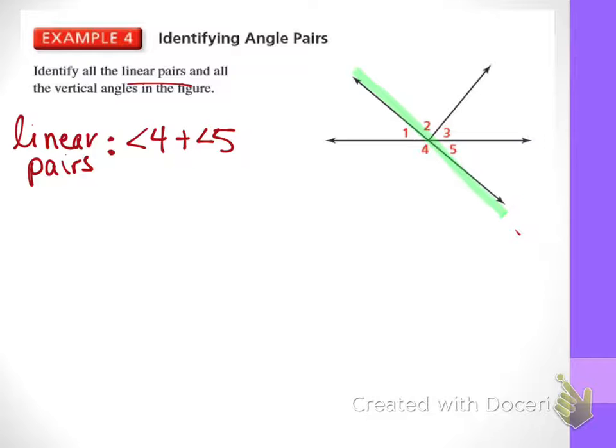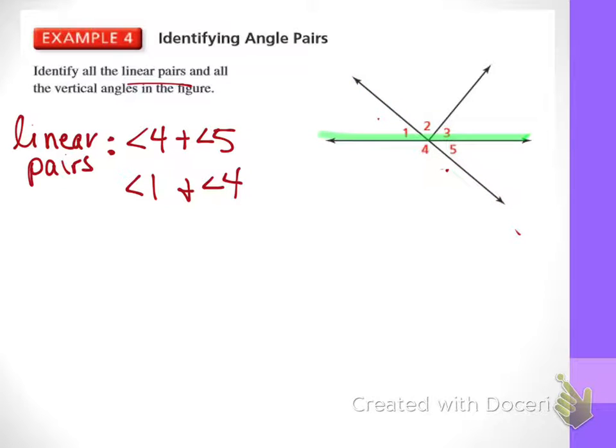Let's look at this one. Let's look at the left side. Are there two angles that are adjacent and form 180 degrees? 1 and 4. So 1 and 4 are a linear pair. And on the right side, do I have two angles that are adjacent and form 180 degrees? No. So there are none there.